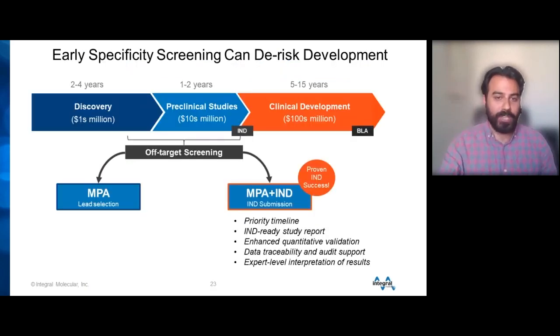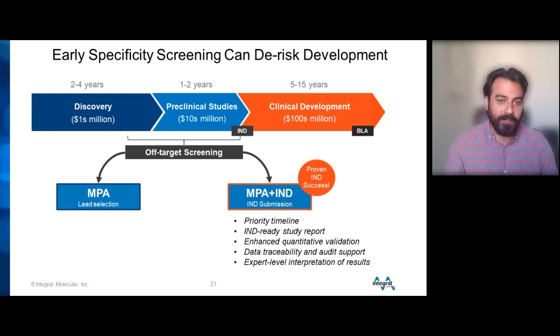Now, we understand that clients are coming to us at really all different stages in their development pipelines. So we offer two main services to accommodate those different needs based on where you're at in your project. As I touched on the basics of, our standard MPA service is best suited for when you have several molecules and you are looking to select a lead candidate from a larger cohort.